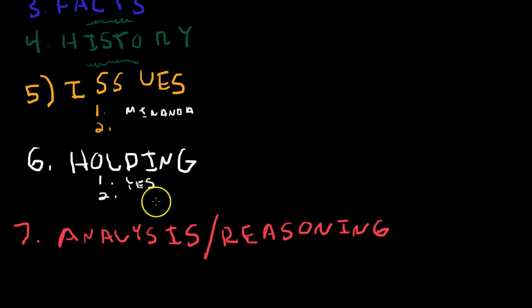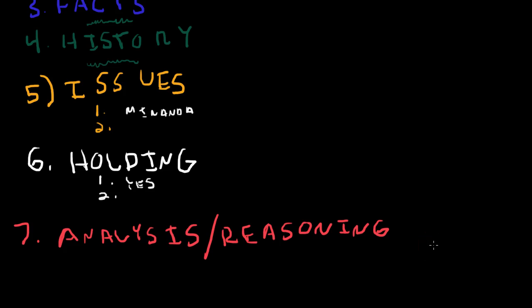Oh, let's back it up to holding really fast. These should be 1 sentence. So issue: was Miranda read to my client? Holding: yes, the court decided that Miranda was read to the defendant. That's it. One sentence.